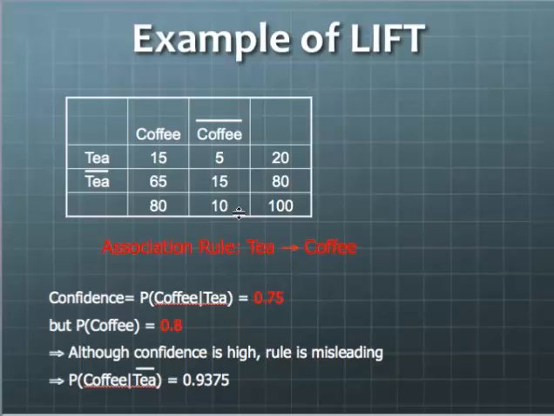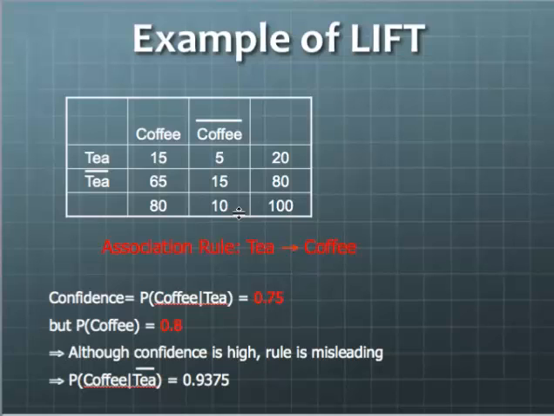Thus, we can see that being a tea drinker actually decreases her probability of being a coffee drinker from 80% to 75%. So the rule tea to coffee is misleading, even though its confidence value is high. The confidence value is not sufficient to evaluate the quality of association rules.